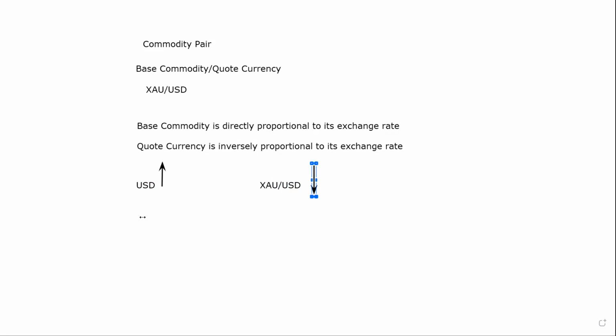Similarly, when the value of the US dollar goes down, the value of the exchange rate goes up, because the quote currency is inversely proportional to its exchange rate. This is the relationship we have to keep in mind.